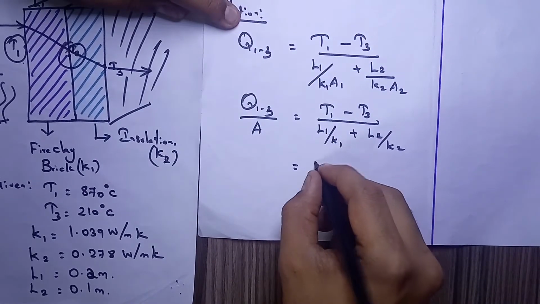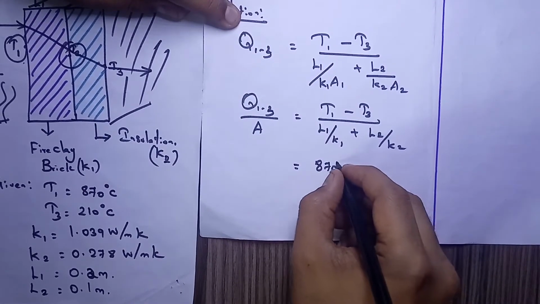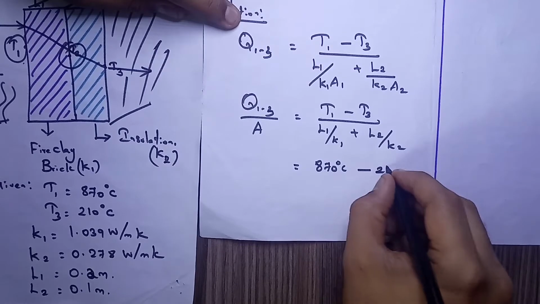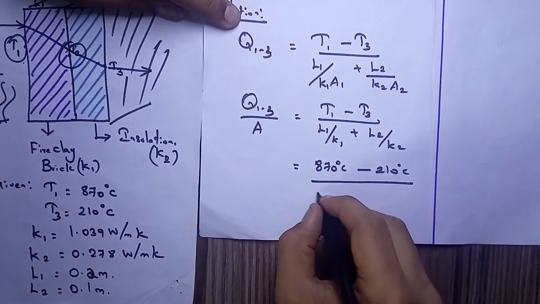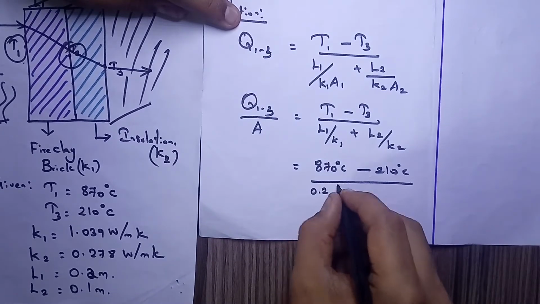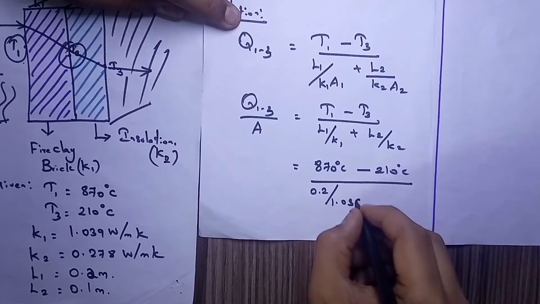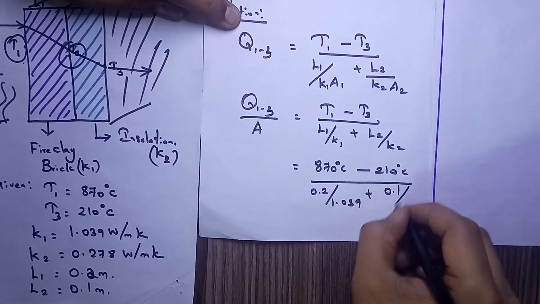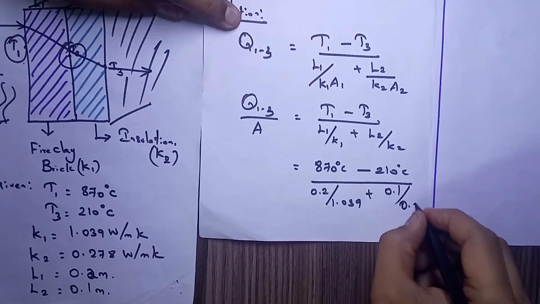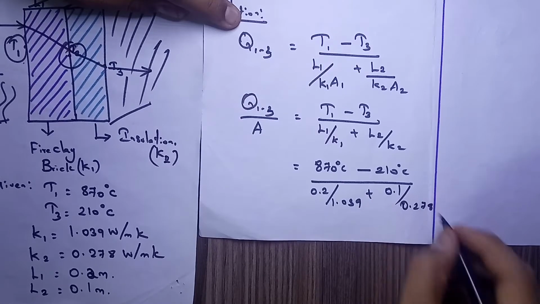What is T1? 870 degrees Celsius minus 210 degrees Celsius, divided by L1, which is 0.2 divided by 1.039, plus 0.1 divided by 0.278.